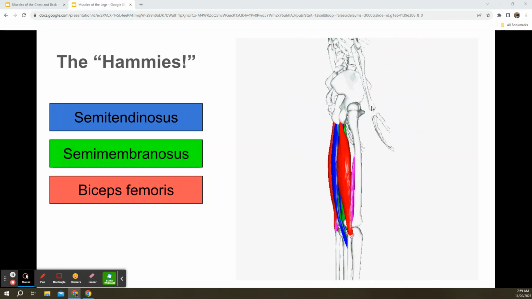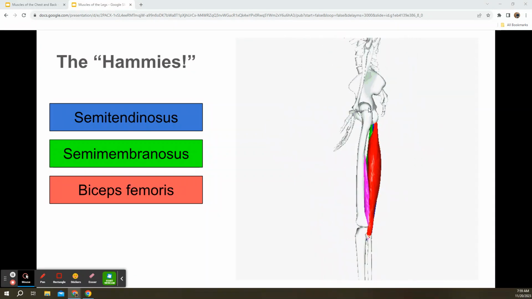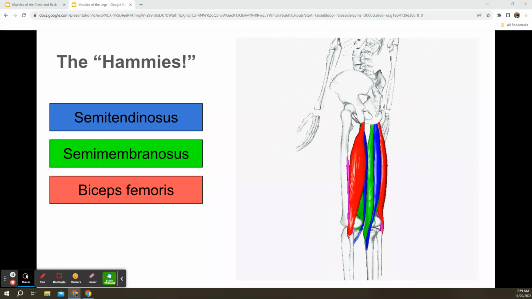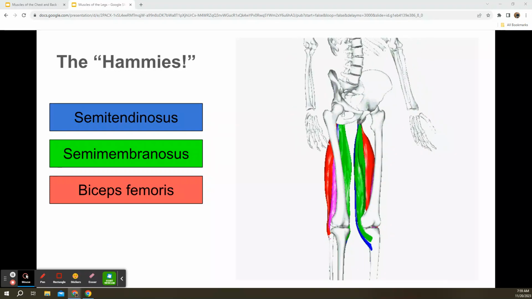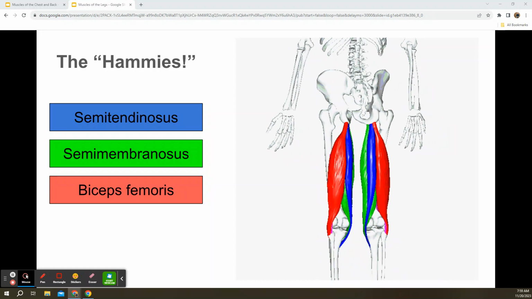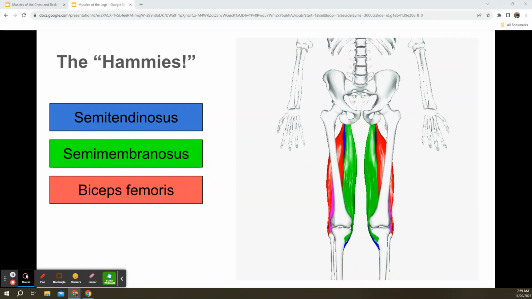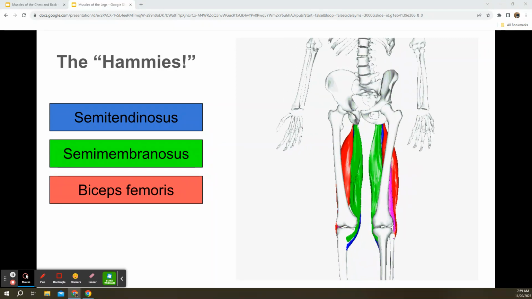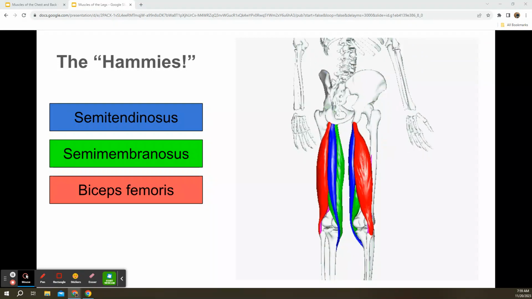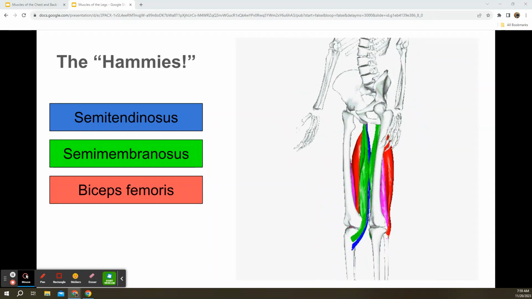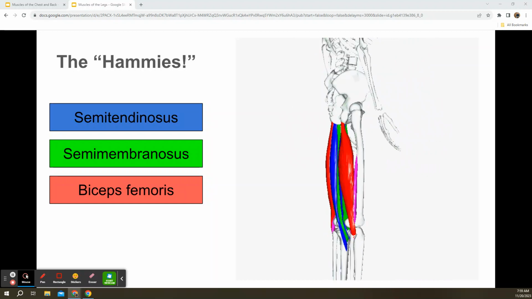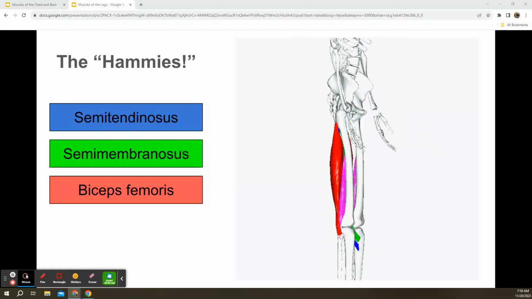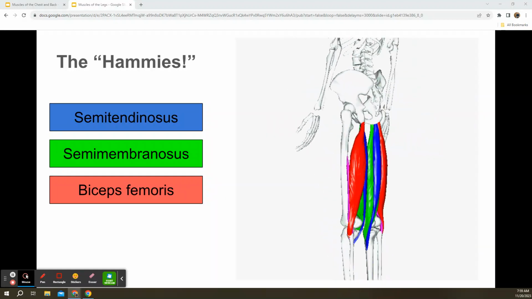What the semitendinosus helps do is flex your leg and extend the thigh. And then your semimembranosus is also located around that ischial tuberosity, and it also helps extend and flex the leg and thigh. And finally, you have your biceps femoris, that huge muscle that we often associate with our hamstrings.